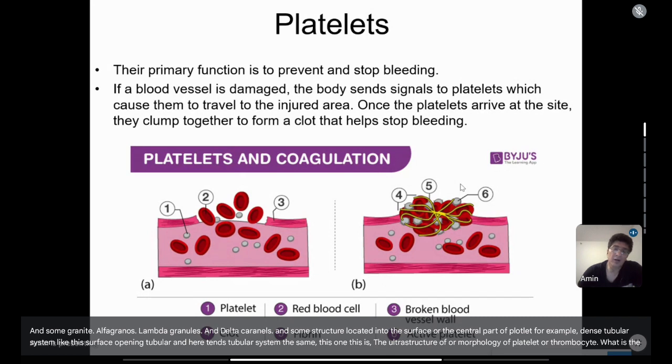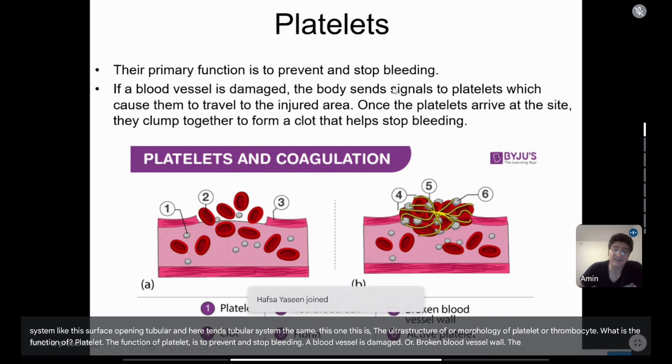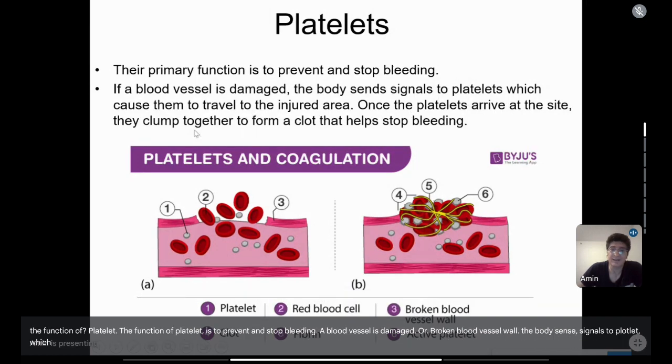What is the function of platelets? The function of platelets is to prevent and stop bleeding. If a blood vessel is damaged or the blood vessel wall is broken, the body sends signals to platelets, which causes them to travel to the injured area.